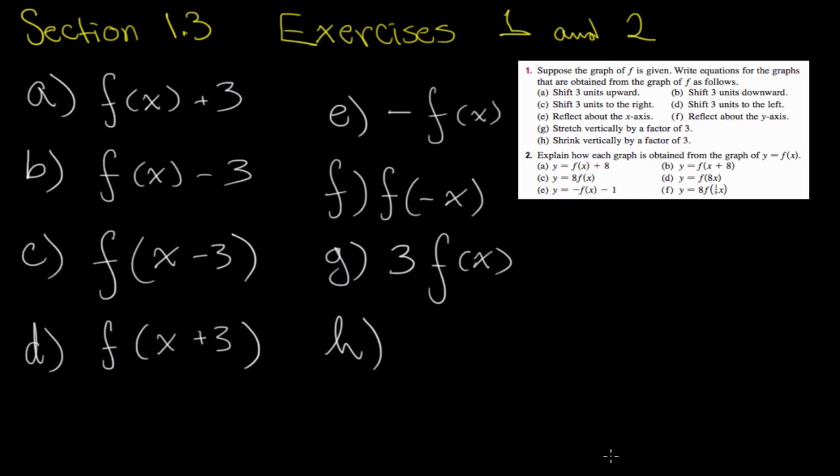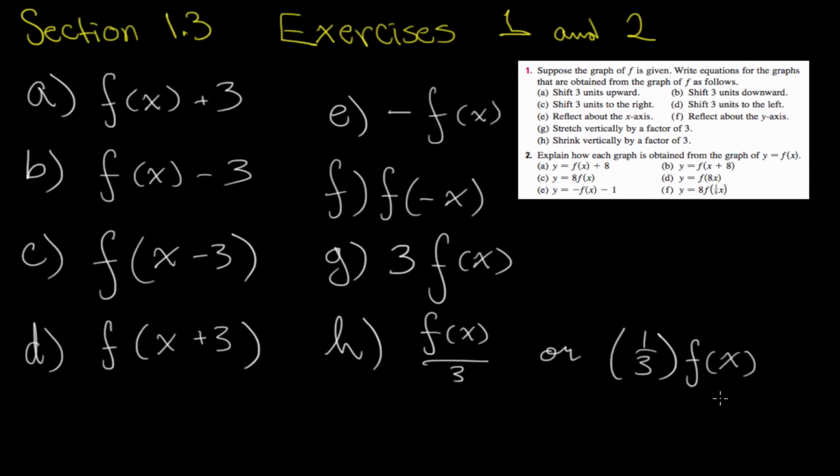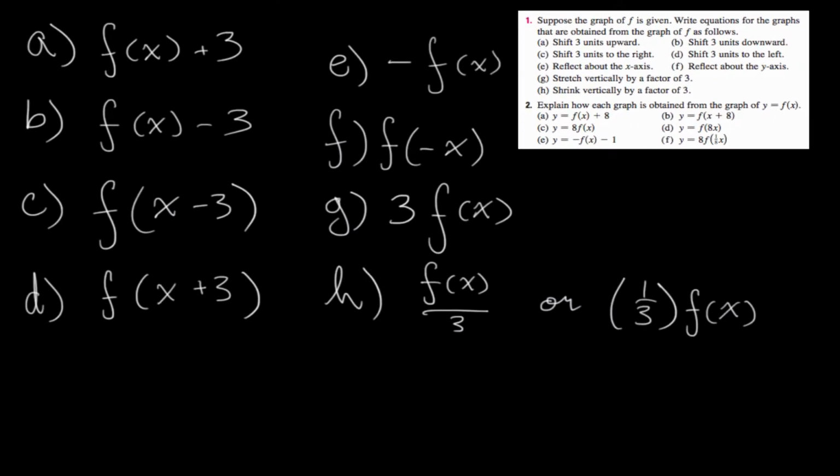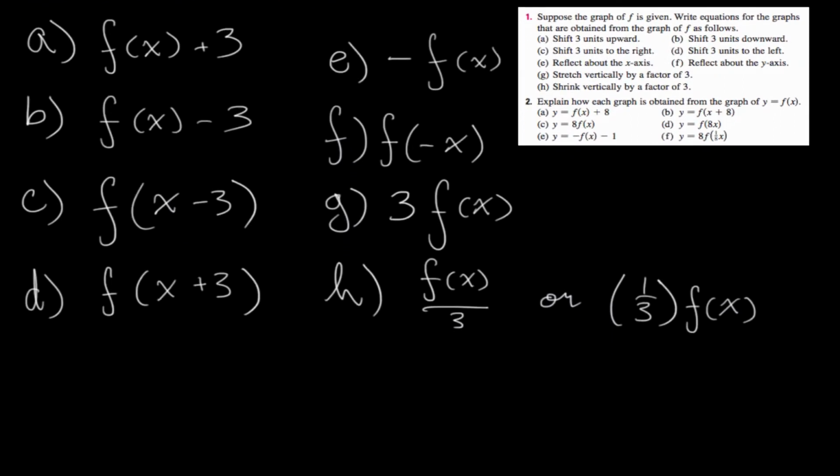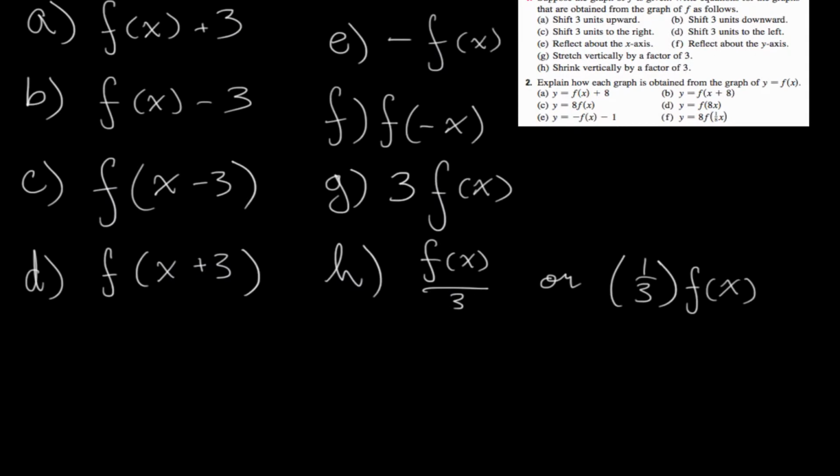A vertical shrinkage would be the division of the function by that factor. You could also think of it as 1 over the factor times f of x. It's the same thing, division and multiplication by a fraction.